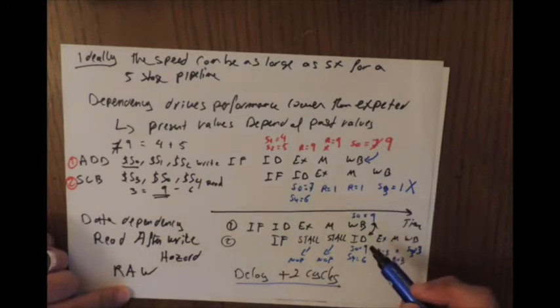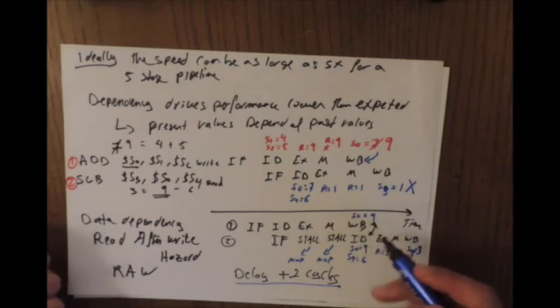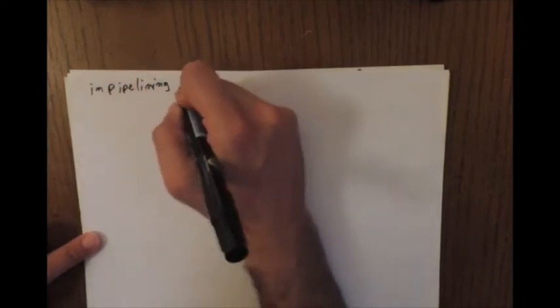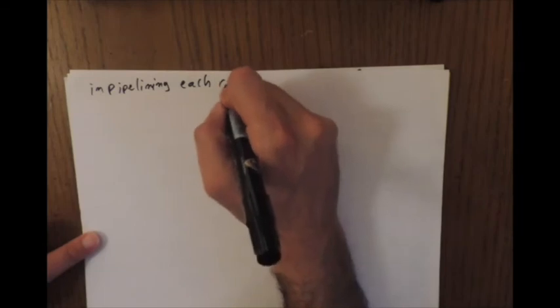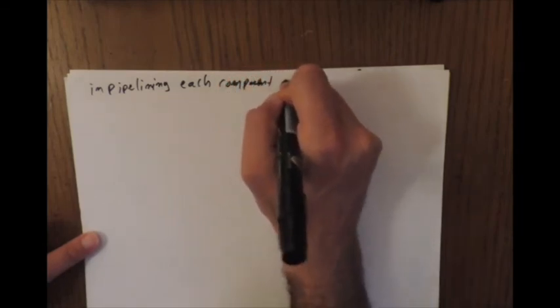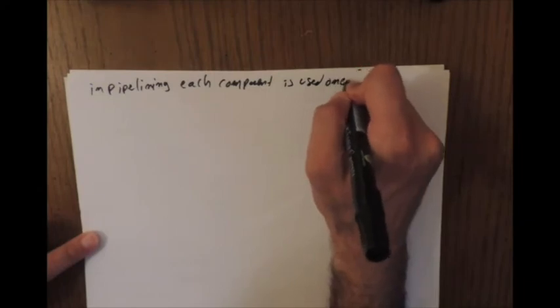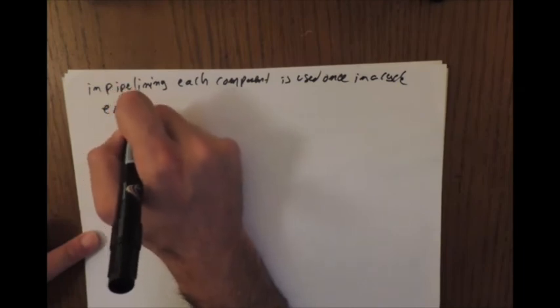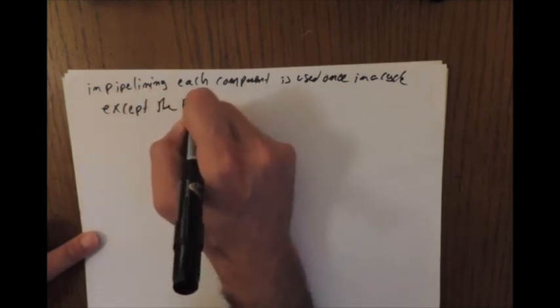So it's very important, when I have a data dependency, that the write back and ID be aligned. So how did they do this? Remember in pipelining, and this is an important concept, each component is used once in a cycle except the register file.